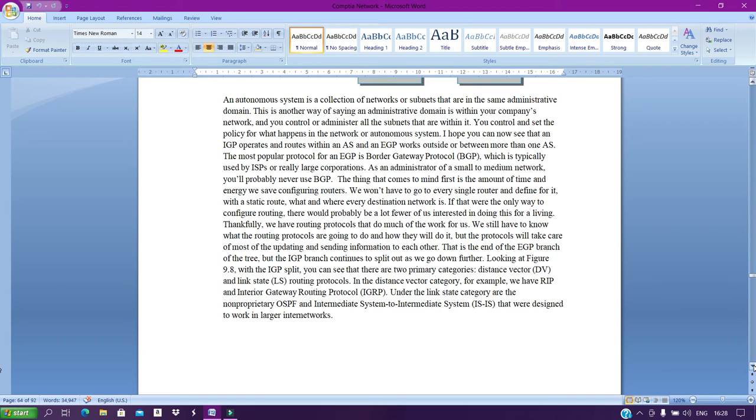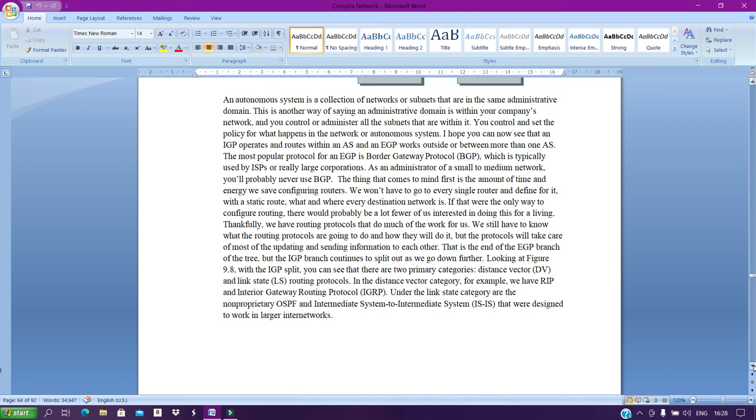There would probably be a lot fewer of us interested in doing this for a living. Thankfully, we have routing protocols that do much of the work for us. We still have to know what the routing protocols are going to do and how they will do it, but the protocols will take care of most of the updating and sending information to each other.